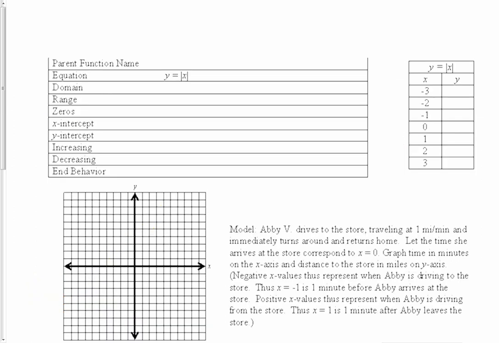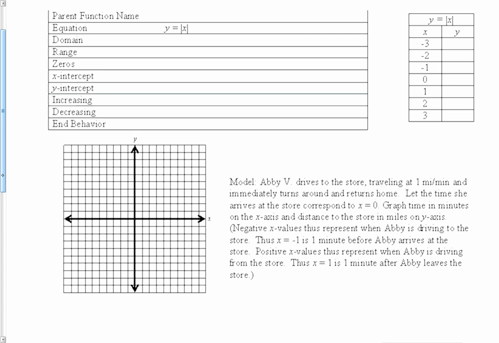All right, next function in my bank of functions is y equals the absolute value. That's the name for this. And the absolute value is shown by putting these straight bars on the sides of my function. If you remember absolute value from Algebra 1, absolute value makes things positive.